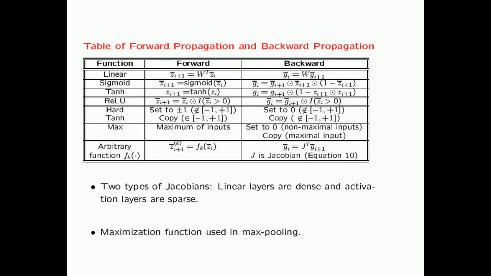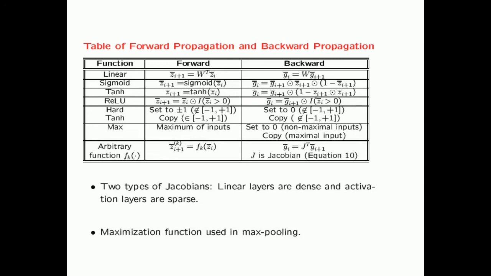But during backpropagation, you get the gradients in the ith layer by multiplying G_{i+1} with W. Similarly, for the sigmoid function, you have a similar formula. Note that this is element-wise multiplication, the circle with a dot in it: Z_{i+1} multiplied by 1 minus Z_{i+1}. Same for the tanh activation.